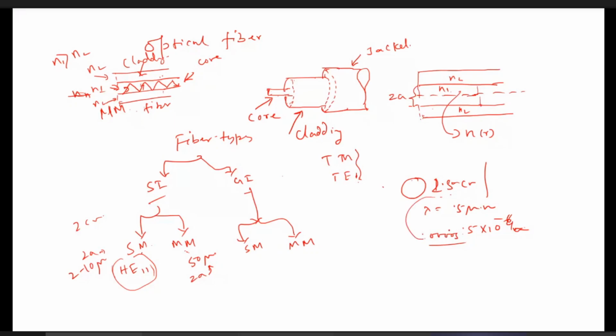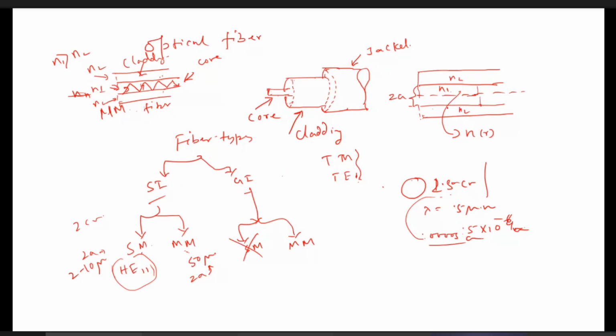That's why I mentioned multi-mode fiber: the dimension is large, so ray optics can be used. But in the case of single mode fiber, wave optics has to be used. Sometimes you have to consider Maxwell equations to explain the propagation of energy. Anyway, you see the details. But in GI fibers, generally SM fiber is not fabricated. Only MM fiber is fabricated, because it is very difficult to change the refractive index within the core.